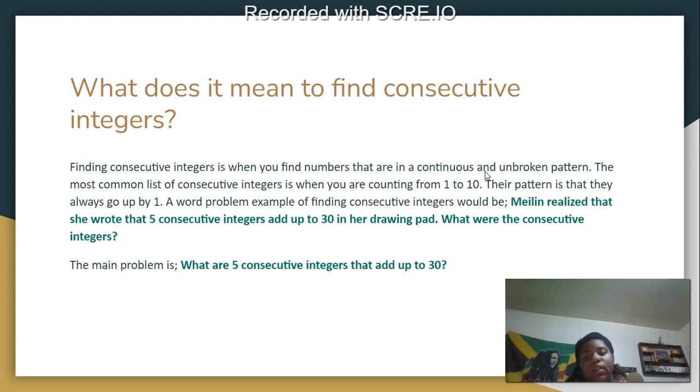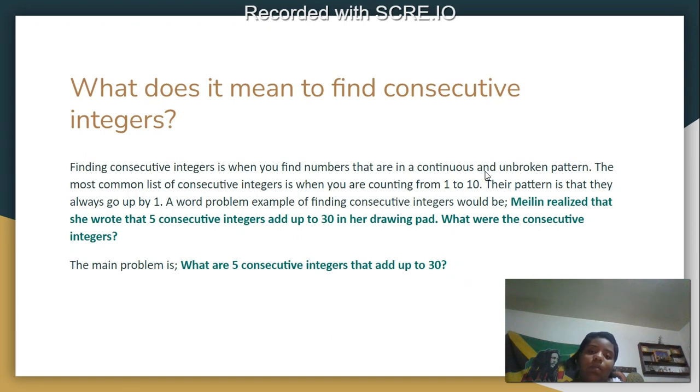Their pattern is that they always go up by 1. Another kind would be if you're going up by, let's say, 2 continuously and you're not changing from going up by 2 to going up by 3 or 5; you always stick to 2. So it would be 2, 4, 6, 8, 10, and so on, continuing going up by 2.